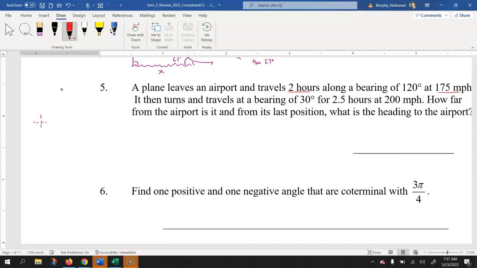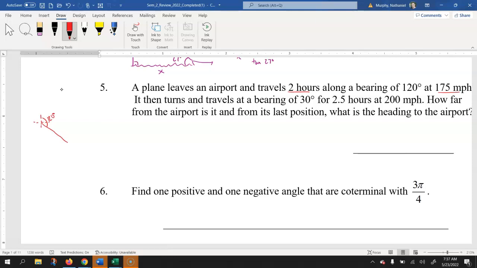I'm just going to make this little plus sign here, represents your north, south, east, and west. And 120 degrees, remember we measure from north, 120 degrees would be maybe about here. So that represents 120 degrees right there.